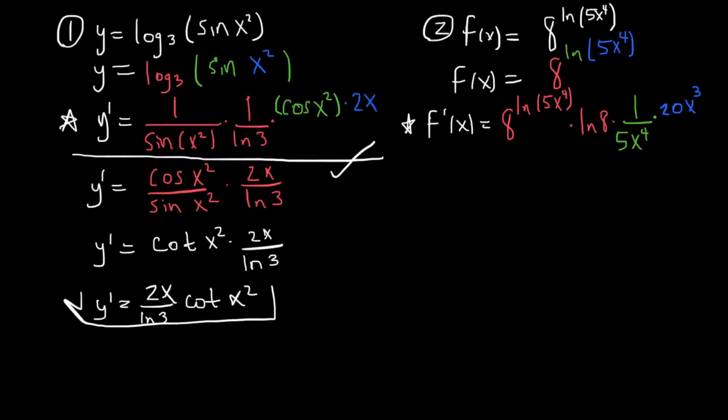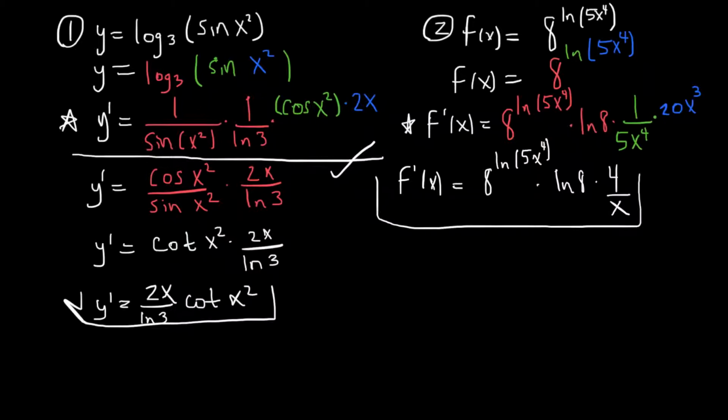So we could have something like f prime of x equals, let's see, 8 to the ln 5x to the fourth times the ln of 8 times 20 divided by 5, 4, x cubed over x to the fourth. That leaves you with 1x in the denominator. So not that big of a difference, but this would be a better answer.